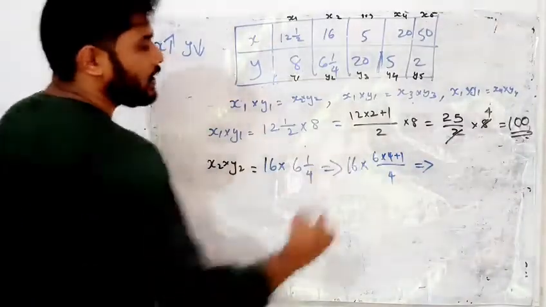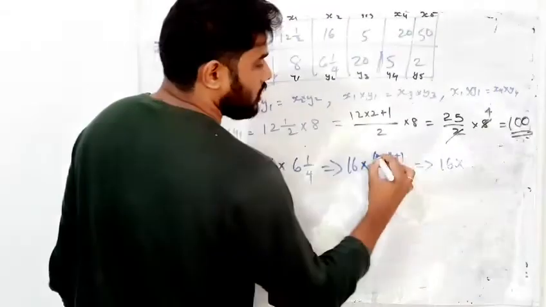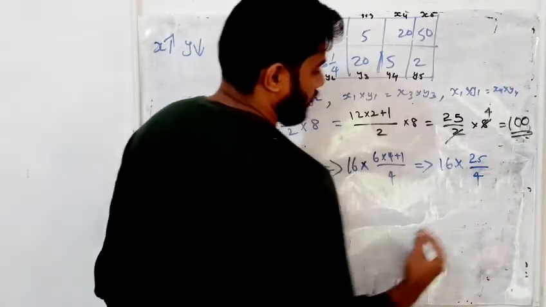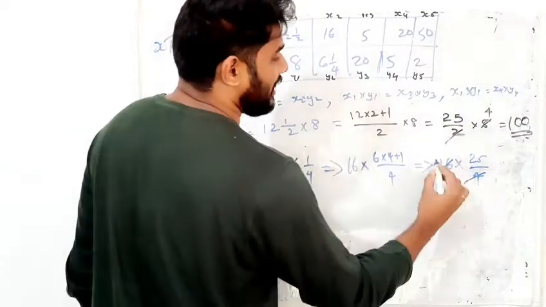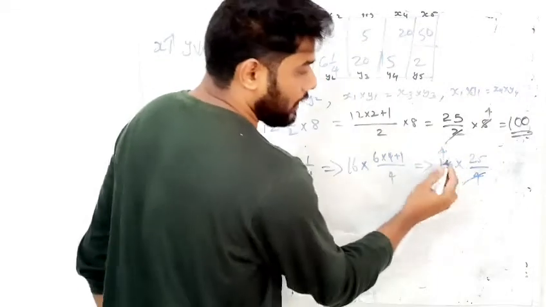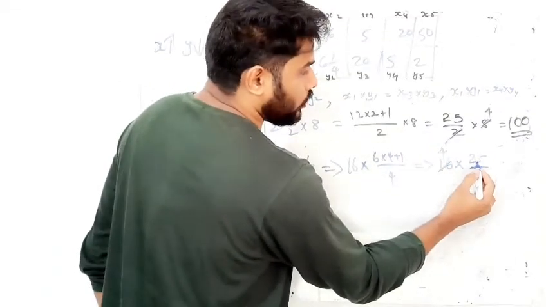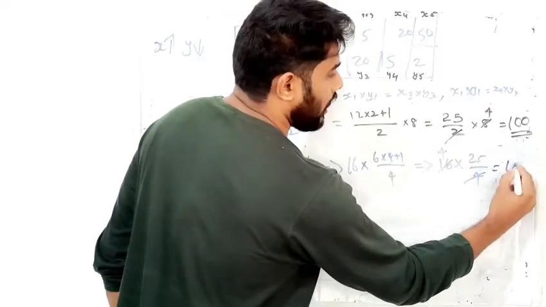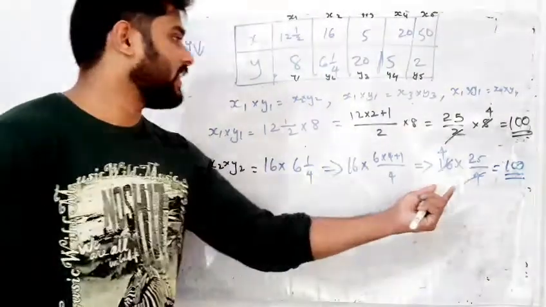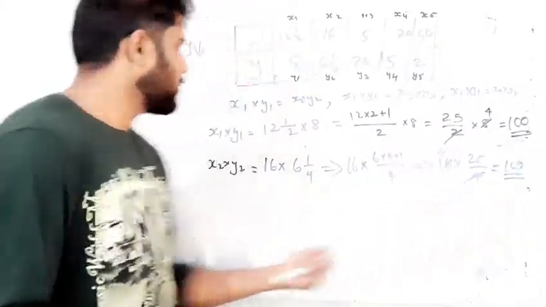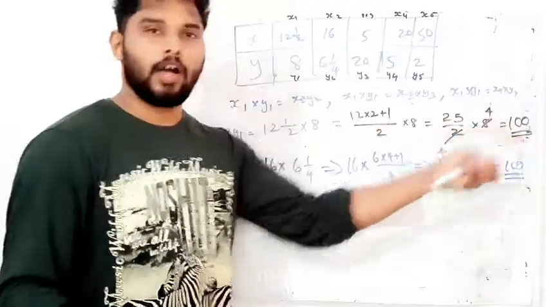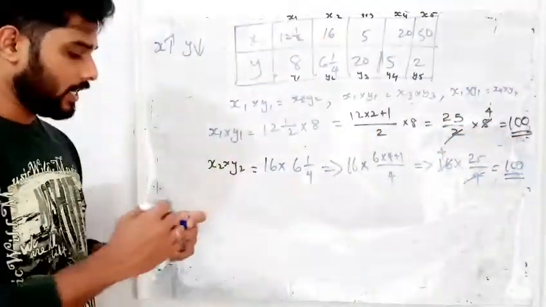Then 16 into 6 into 4, 24 plus 1, 25 divided by 4. Clear? So this 4 and this 4 we can cut, and 16 becomes 4. Then 25 into 4 is 100. So x2 into y2 also we got 100. x1 into y1 also 100. So these two are in inverse proportion.